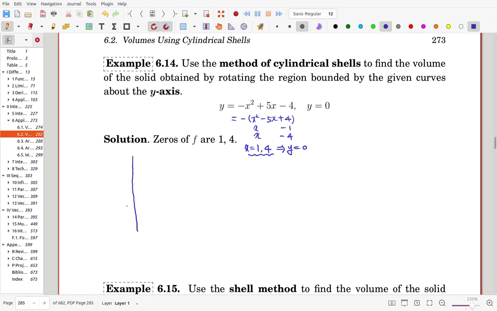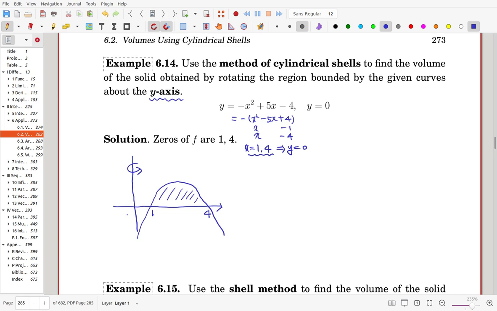Here there is a y-axis, and that is the x-axis. Now 1 and 4, and the parabola opens down, so it is coming up that way and going down like that. There's 1, this is 4. And y equals 0 is the x-axis, so that is the region, and it is rotated about the y-axis.